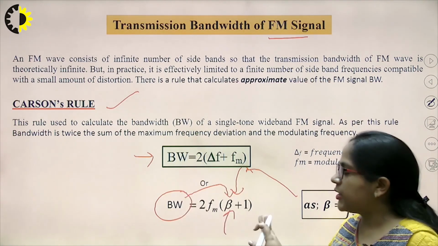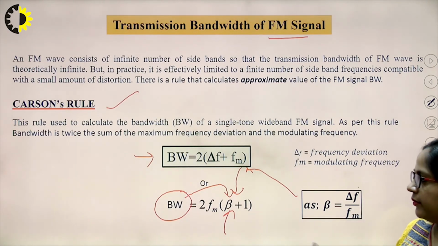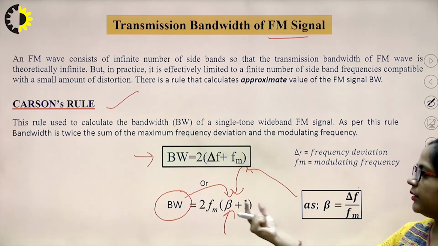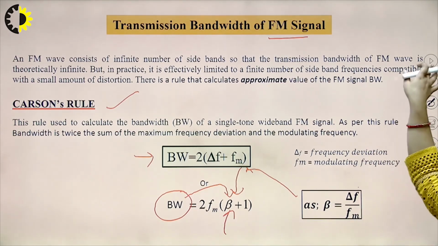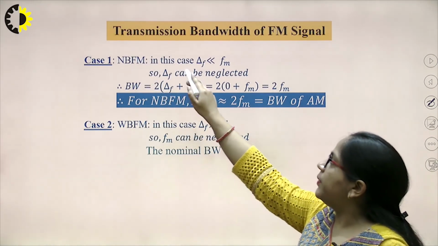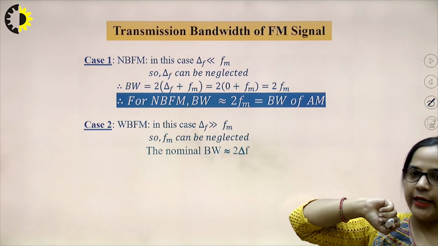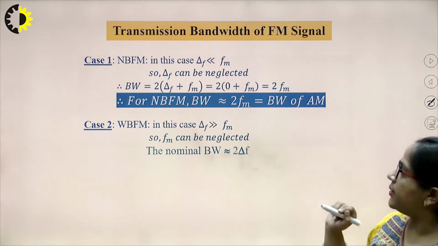With the help of this expression, now we can approximate the bandwidth in case of narrowband and wideband FM signal. In case of narrowband FM, we know the deviation is much smaller than the frequency of modulating signal, or beta is much less than 1.